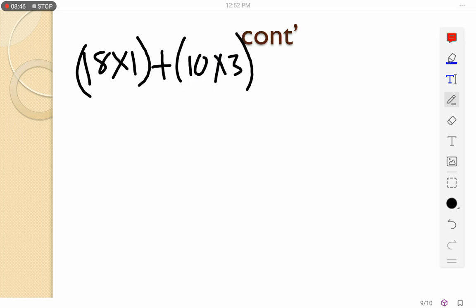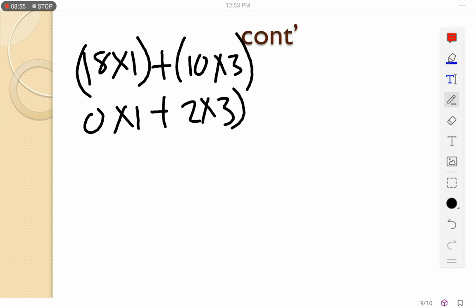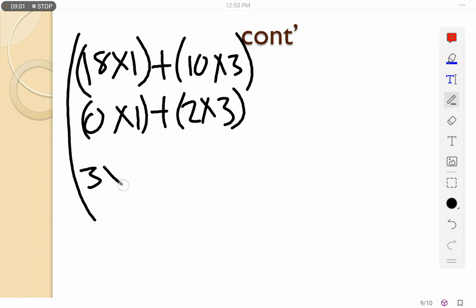Then I've got 0 times 1 plus 2 times 3. I'm putting brackets because they help us. Then at the bottom, I've got 31 times 1 plus 16 times 3. Then on the other side, I've got 18.